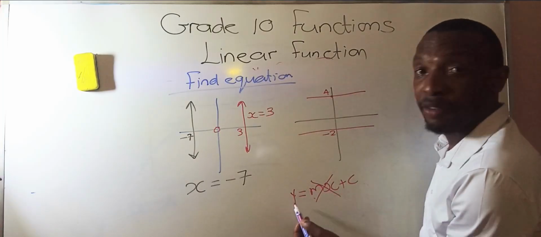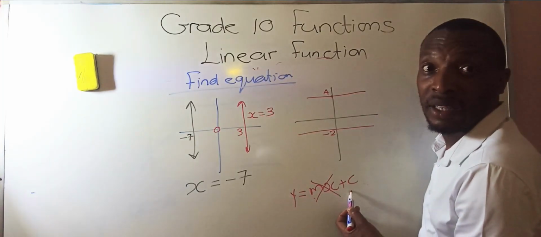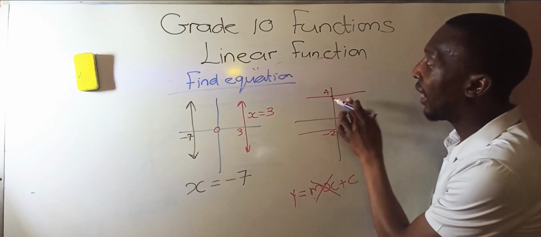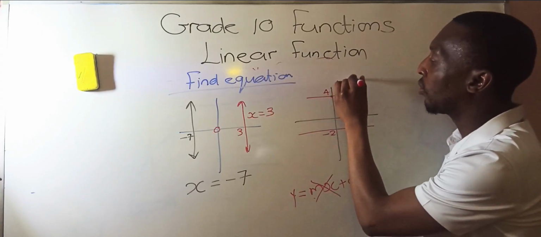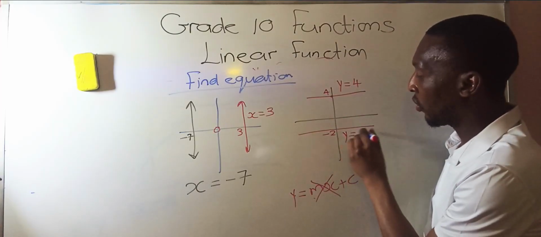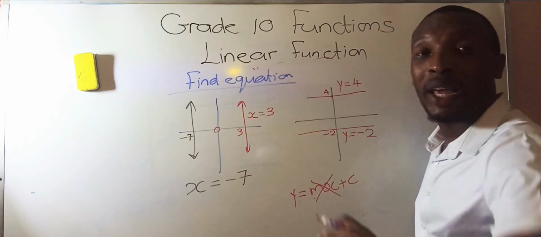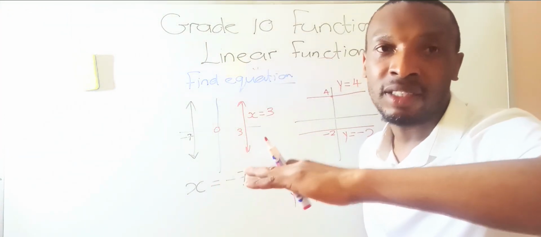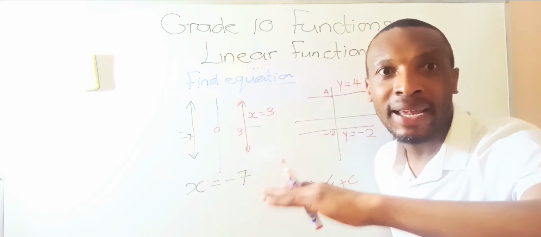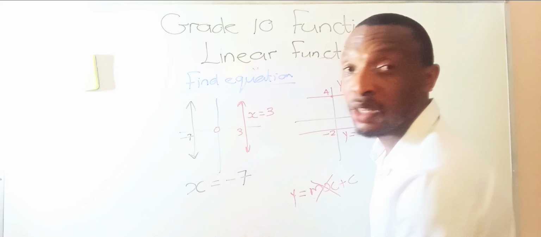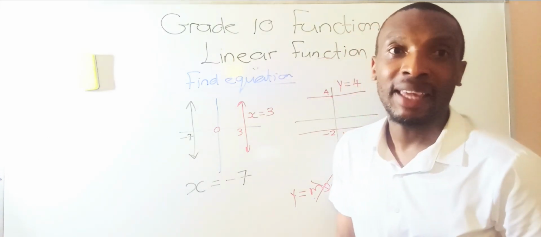You are left with y is equal to c, and c is where it cuts the y-axis. So the equation of this line is simply y is equal to 4. The equation of this line is simply y is equal to -2. So for any horizontal line, the equation is y is equal to wherever it cuts the y-axis. The equation of a vertical line will be x is equal to wherever it cuts the x-axis.